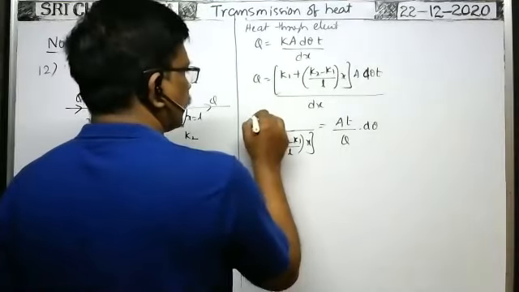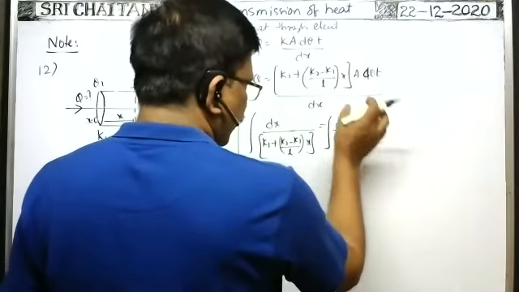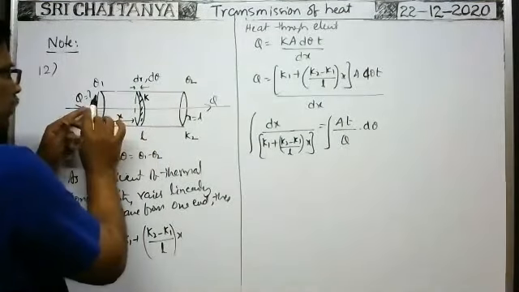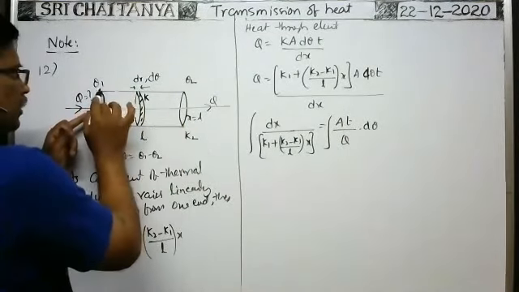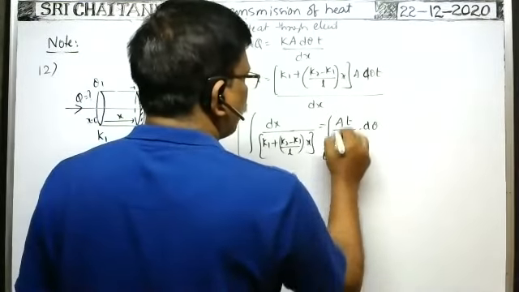Now integrate on both sides. Here it is the temperature difference across the element. When you consider the elements from the first end to the last end, the temperature changes from theta 1 to theta 2, so theta is integrated from theta 1 to theta 2.